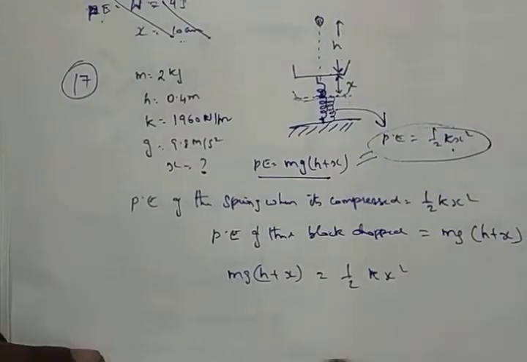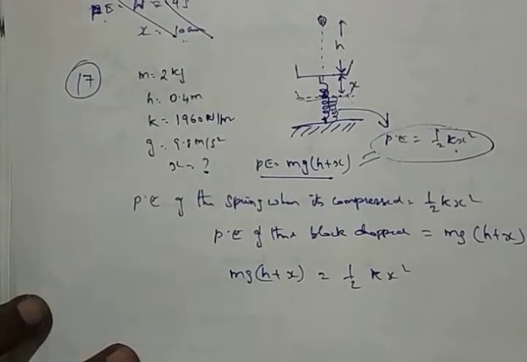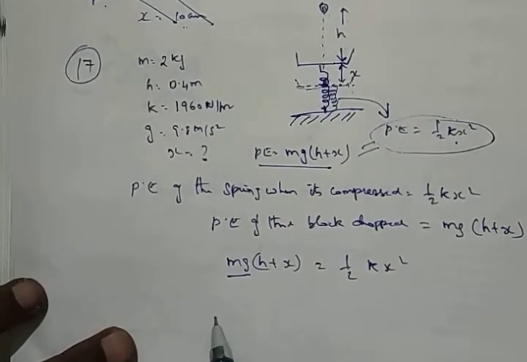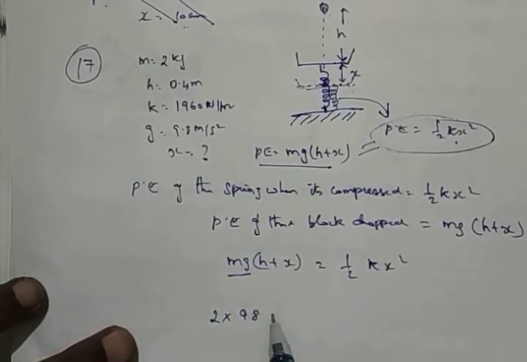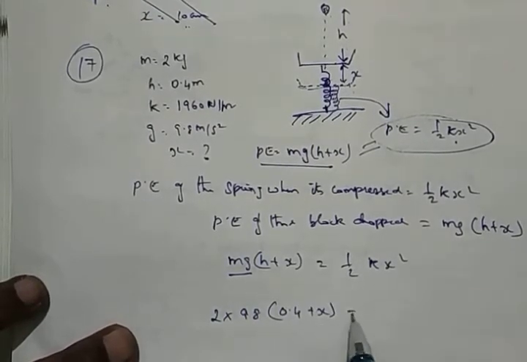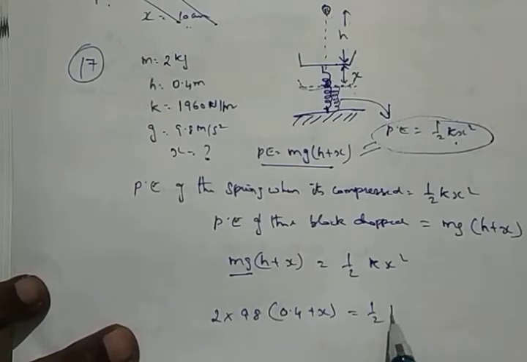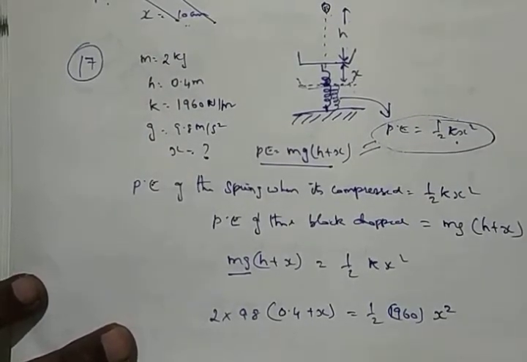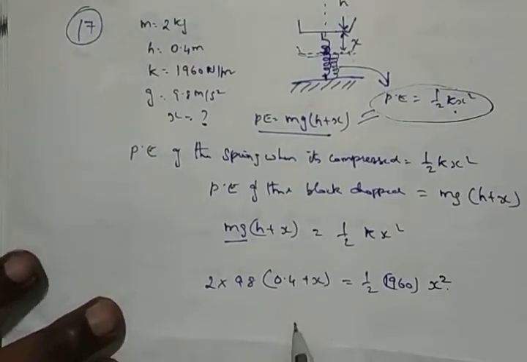So how would you go about it now? You just have to substitute the values. Now what is mg? 2 into 9.8 into 0.4 plus x is equal to half into 960 into x square. Here also x square, this is also x here.